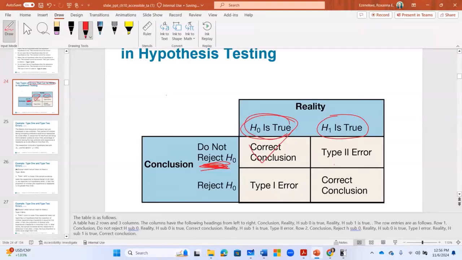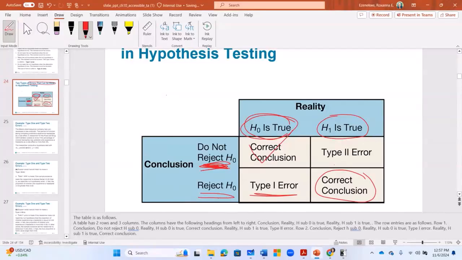If the claim is true and you rejected the claim, you committed what is called type 1 error. But if the alternative is true and you rejected the null, you have not committed any error.